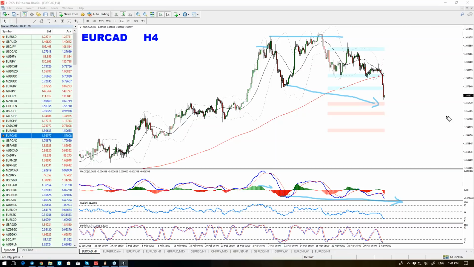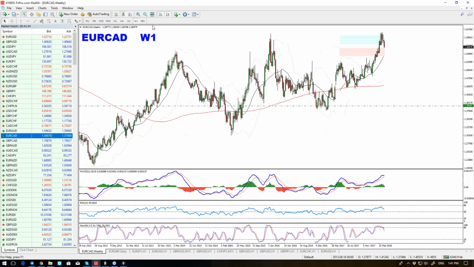Okay, that makes the Euro versus the Canadian, at least as for now, bearish. And that means we are looking to sell this pair, sell rallies, as long as this invalidation level holds.